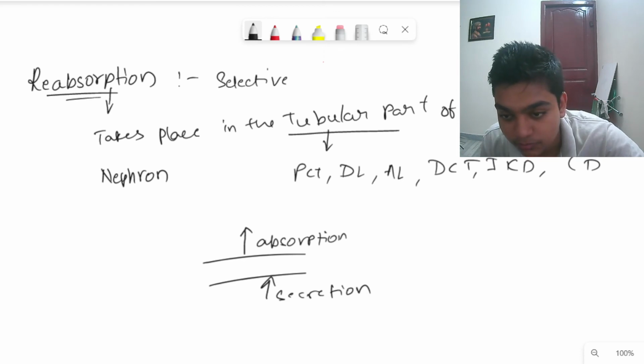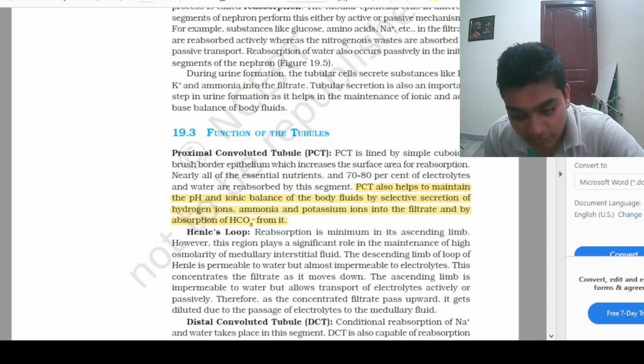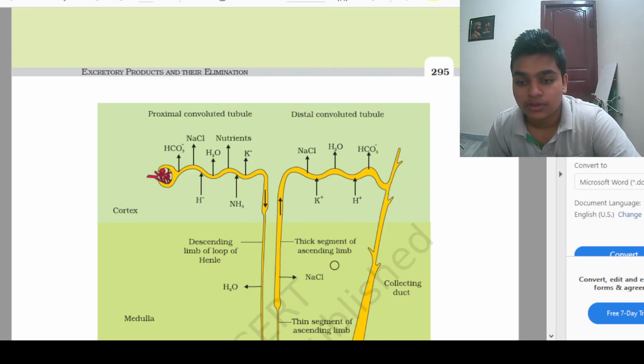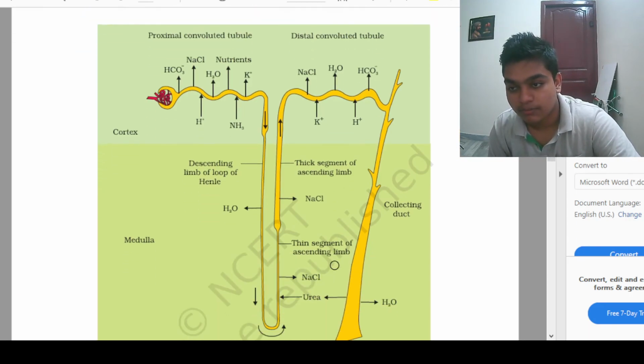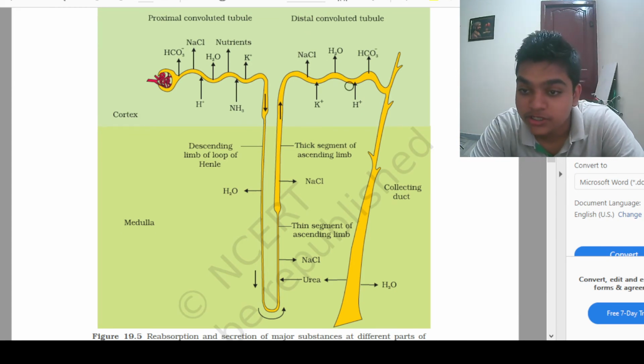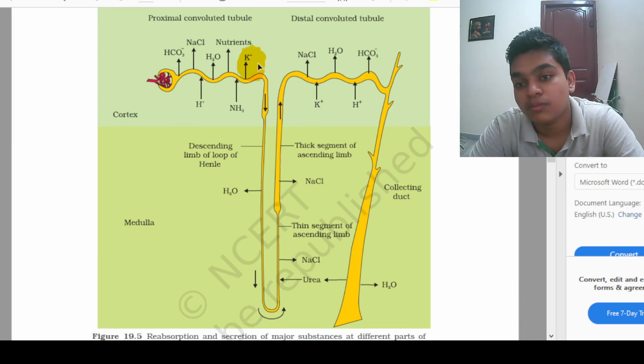See, this I have to tell you guys, since we have to know which is correct. See here, what is the absorption arrow? Arrow upwards, away from the tubular part. Here they are showing K plus being reabsorbed into the body fluid.